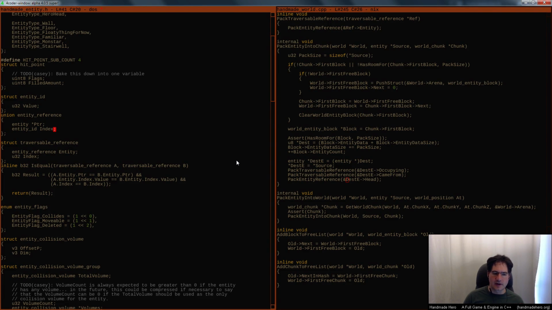Because if you didn't do that, then we would never know when we go to pack it. What we would see is the pointer was set to something and the index was set to something else, right? In the case where the pointer was set to something valid, we would know to overwrite the index with that pointer's entity ID. No problem. In the case where the pointer wasn't valid, right?